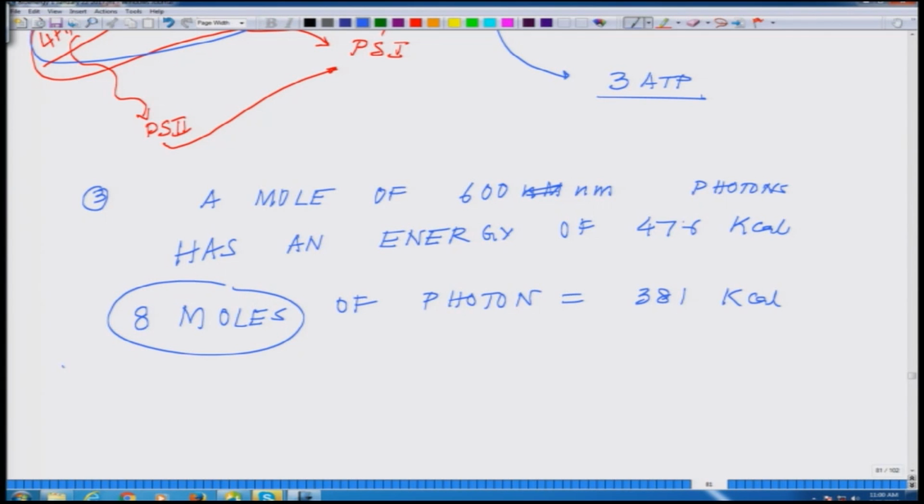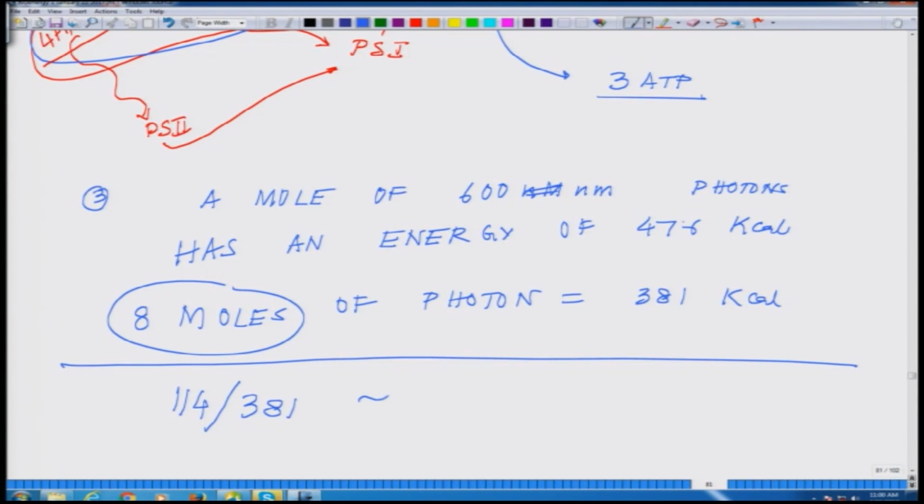Thus, this brings us to the concluding part of this lecture. Thus, the overall efficiency of photosynthesis under standard condition is 114 over 381, which is approximately 30%.